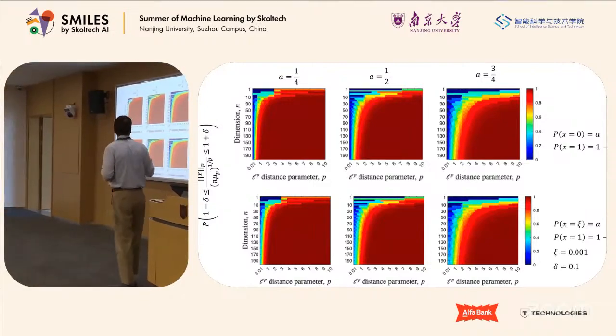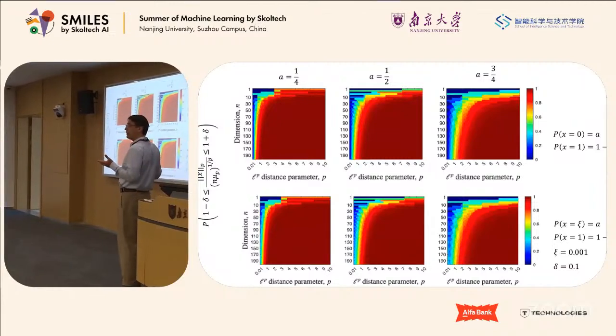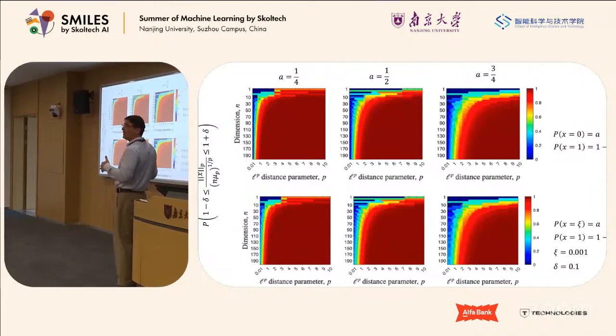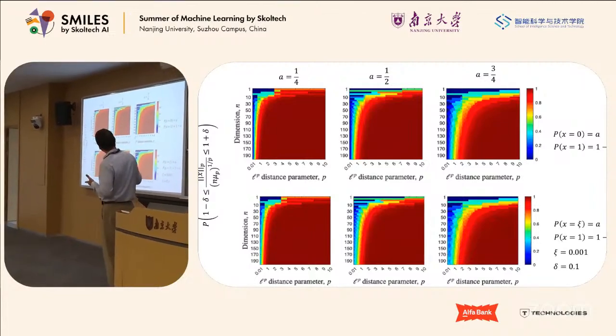So this is a classical Bernoulli trial scenario where I produce data points, samples from a product distribution, and this is the behavior of each individual attribute there. So with probability A, the value of x is 0, with probability 1 minus A, the value of x is 1, and I vary A: 1 quarter, 1/2, 3/4, etc. And then you see here, I plot the dimensions, and here I plot these deltas on the horizontal axis.